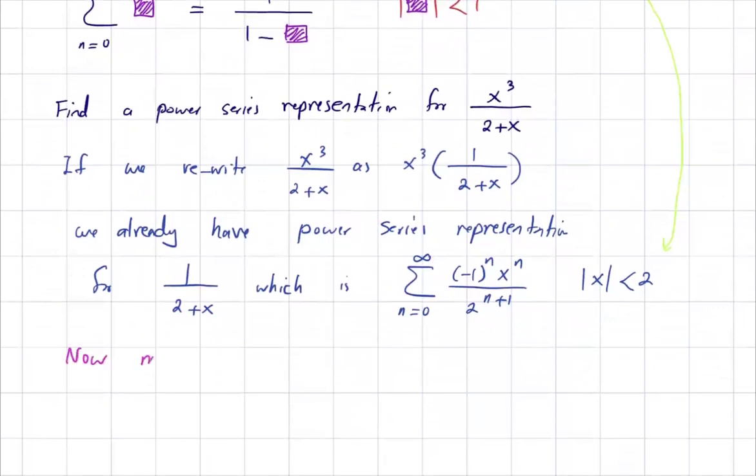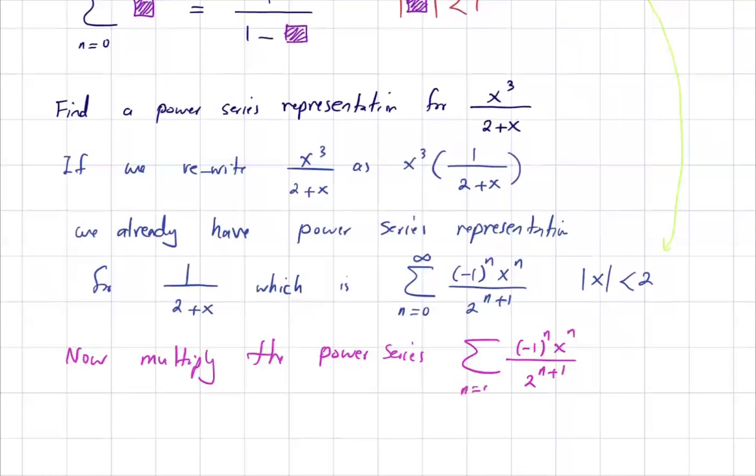Now, multiply the power series, -1 to power n, x to the n, divided by 2 to power n plus 1, and start from 0 to infinity, by x to the third. And then we're done. So let's see.